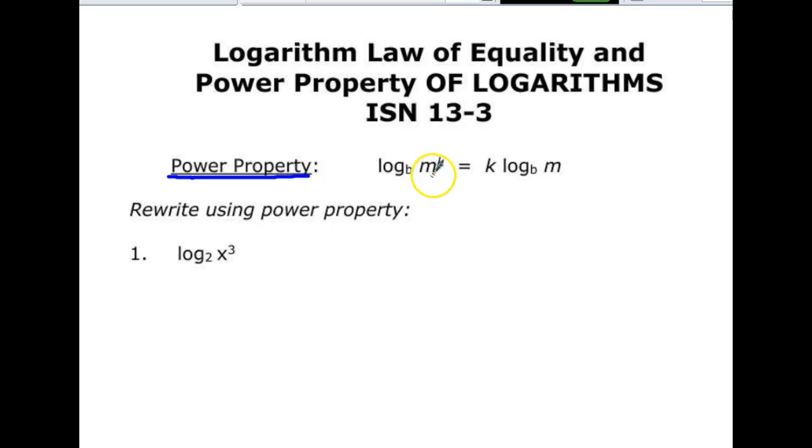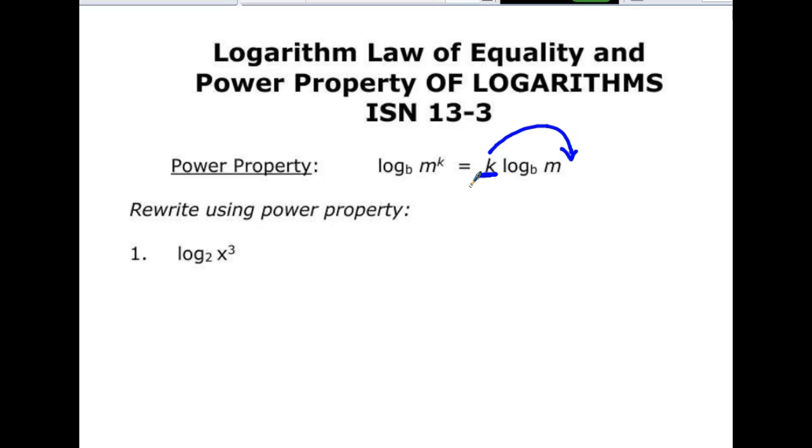When we have a log and this number has an exponent, this exponent can come out in front of the log. That is the power property. Or it works the other way around. If you have this number out in front, it can come back over here as an exponent. I can do it either way depending on what I need to do to solve the problem.